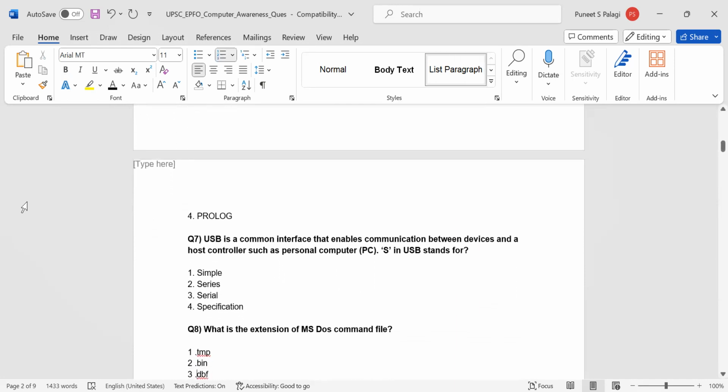Then the next question: USB is a common interface that enables communication between devices and a host controller, such as a PC.